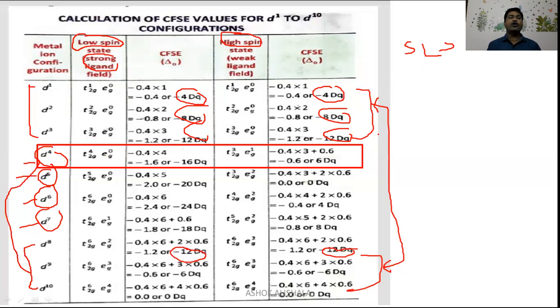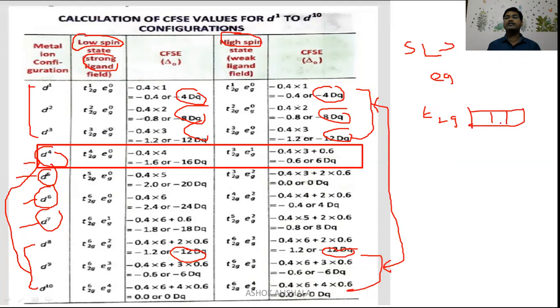You make as many pairs as possible. Now this is for octahedral complexes. For d4, how many electrons? You know this is going to be the t2g and the other is the eg.